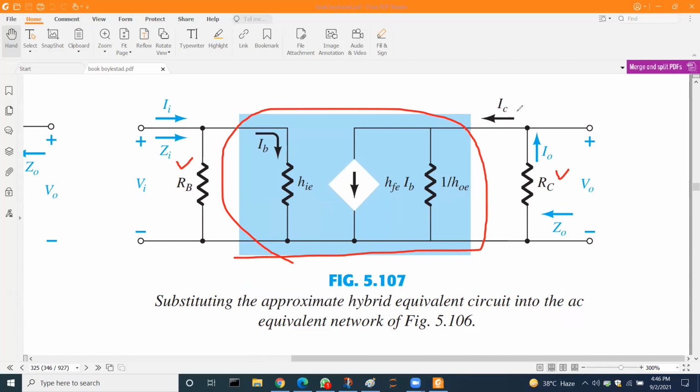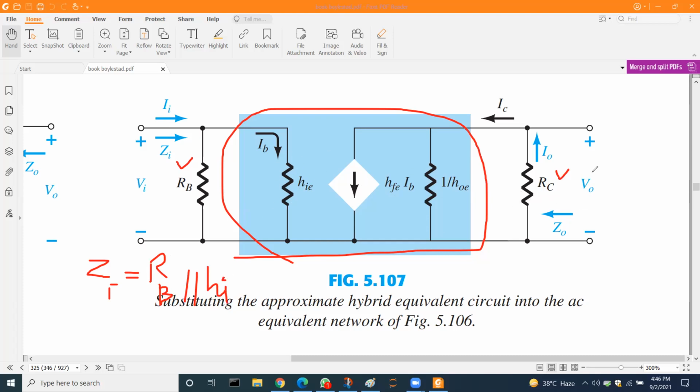So if we see from the input side, Z input is primarily RB resistance in parallel with HI. So RB resistance parallel to HI, which is the input resistance of the transistor model.